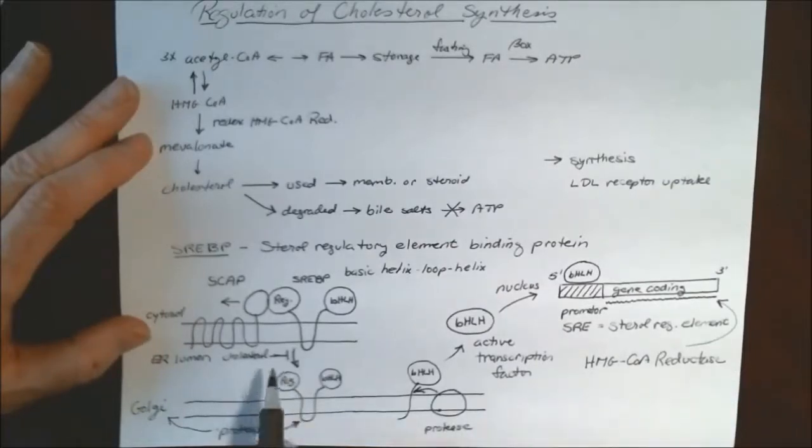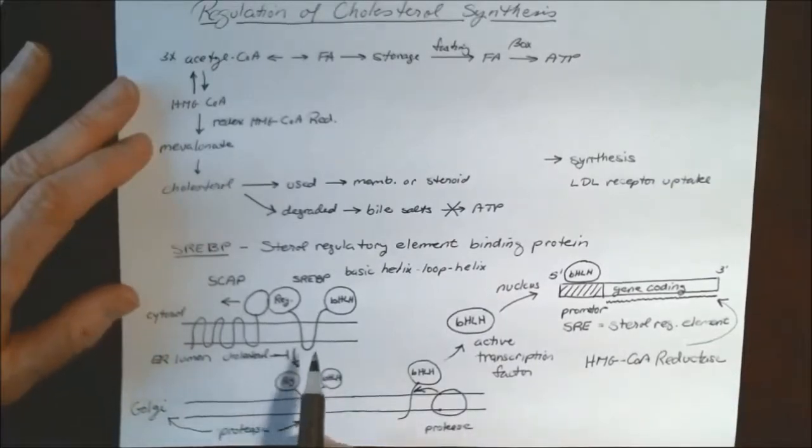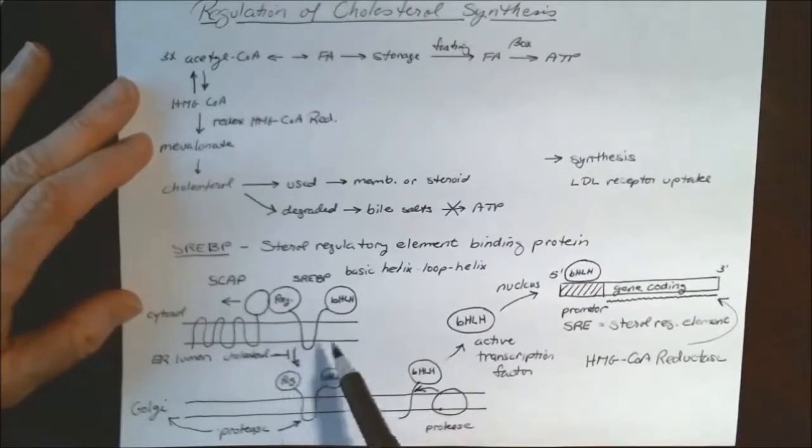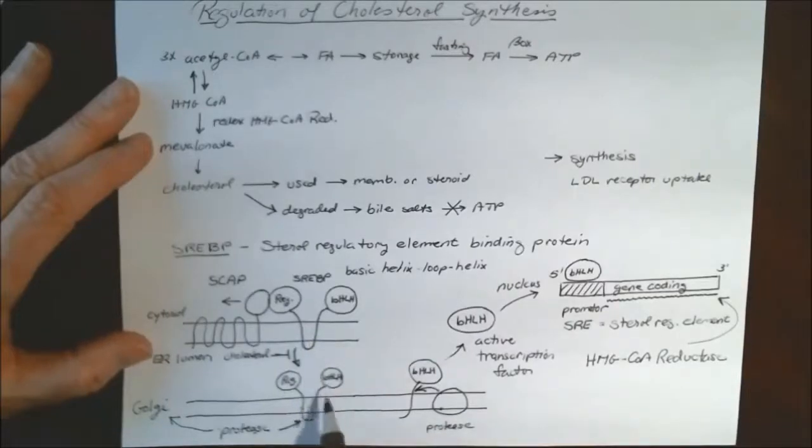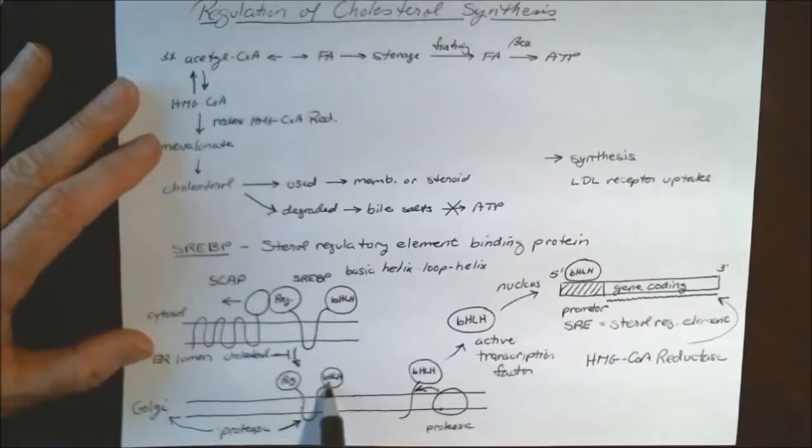So, as a review, if we do not have sufficient levels of cholesterol, the translocation of the SREBP will occur, from a quiet state in the ER to a position in the Golgi that is now expressing the protease, which cleaves the regulatory domain away from the transcription factor domain.